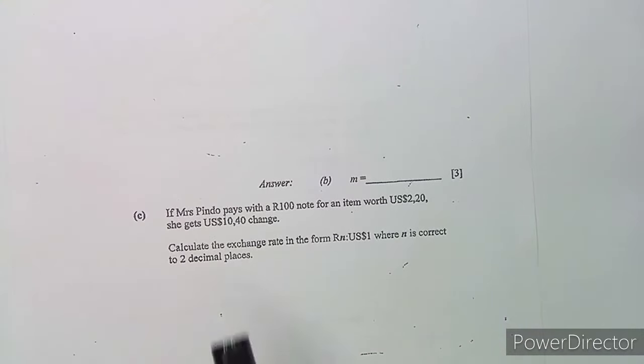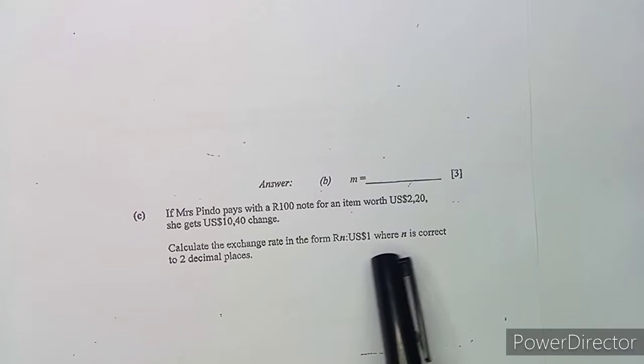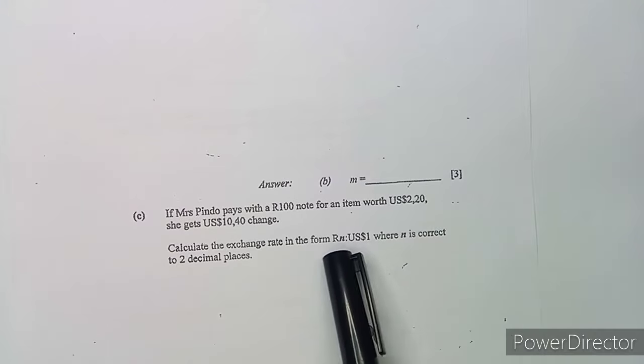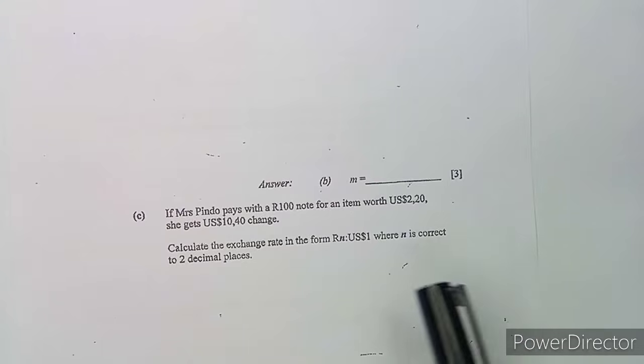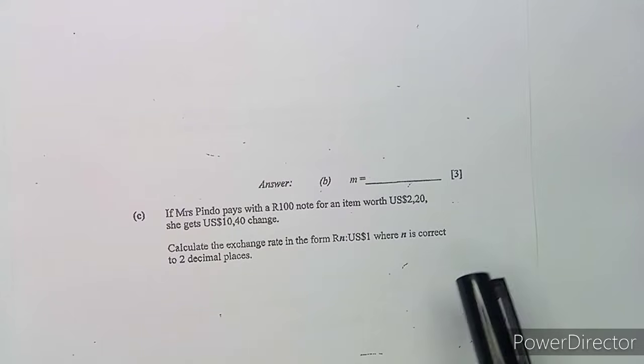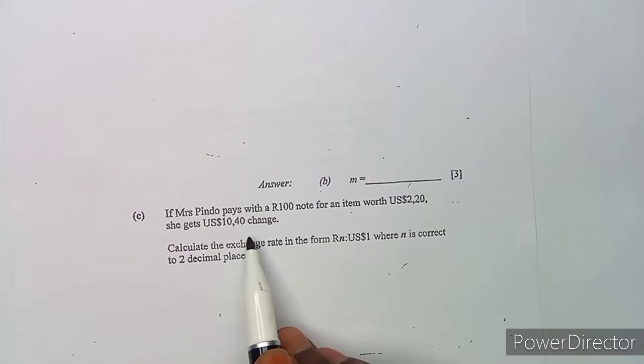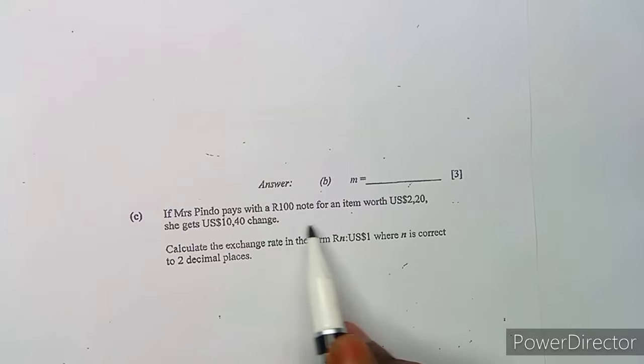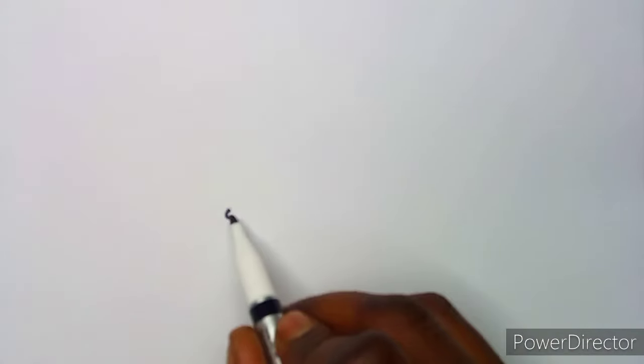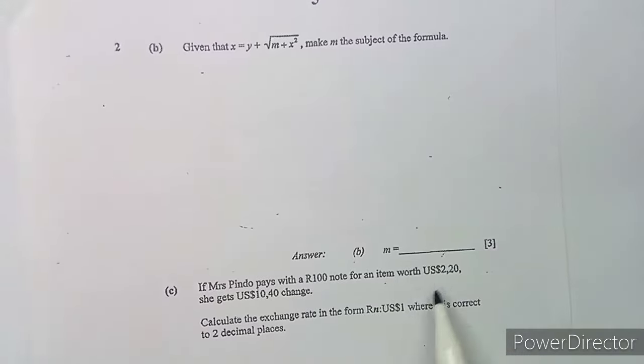So calculate the exchange rate in the form n Rand as to how many US dollars, $1, where n is correct to two decimal places in this case. So we can ask ourselves: if she is going to get change from what she has bought here in US dollars, what was the price of the item?